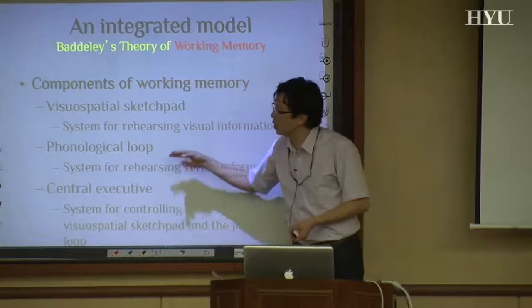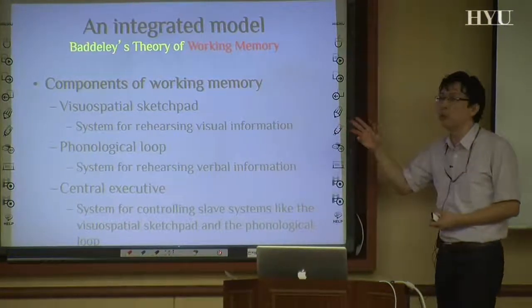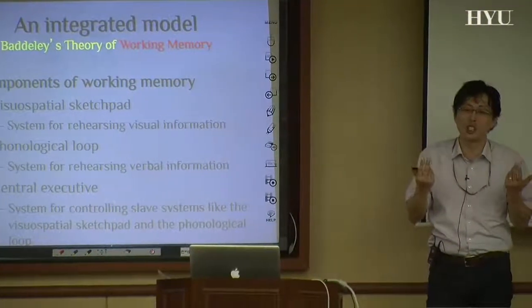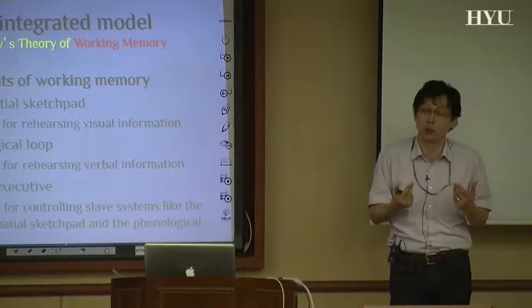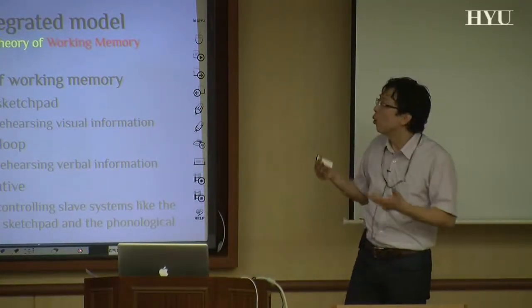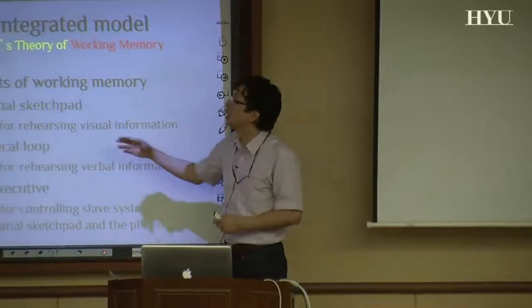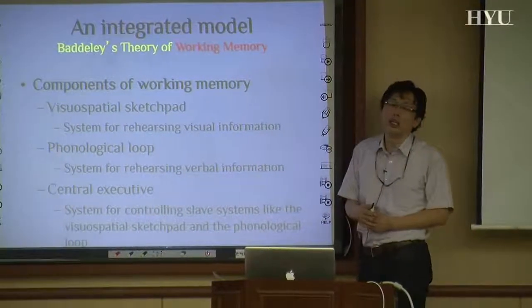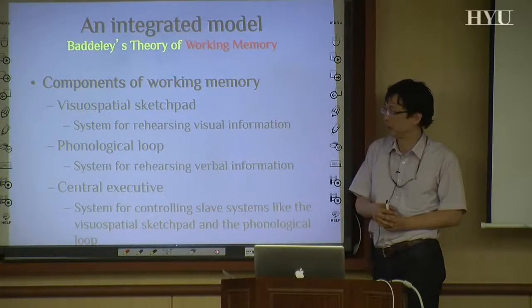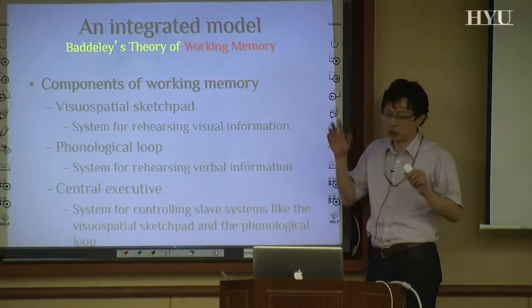And the other one is the phonological loop. This one processes all the verbal information as well as language information, spoken English, spoken language, everything. Every language or every word is dealt with by this phonological loop. Okay, this one is two things.